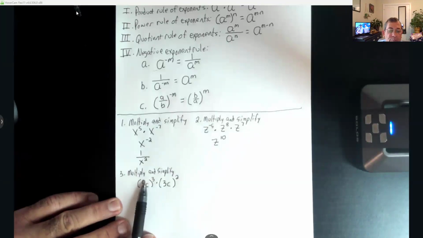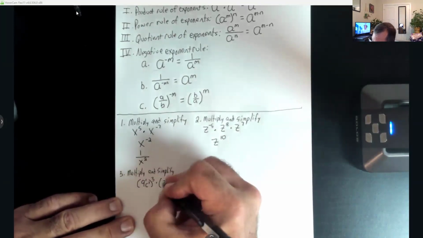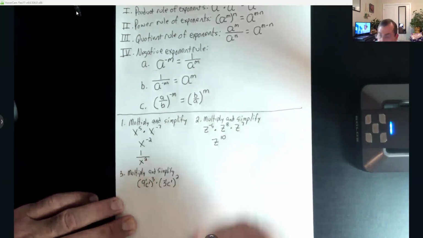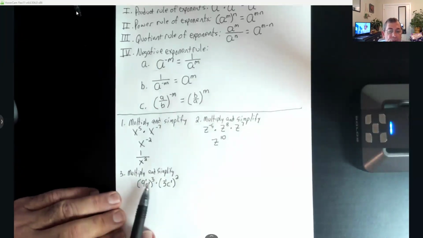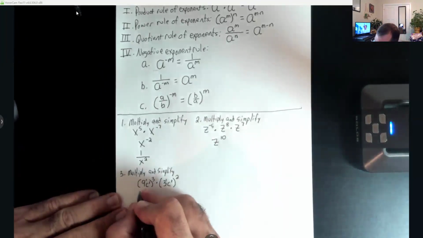So you would distribute the exponent to the 9. Now, remember, nobody's got exponents in here. So all these exponents in here are like a 1. If there's no exponent, we treat it like a 1. So this gives me 9, 1 times 3, so that'll give me 9 to the third.